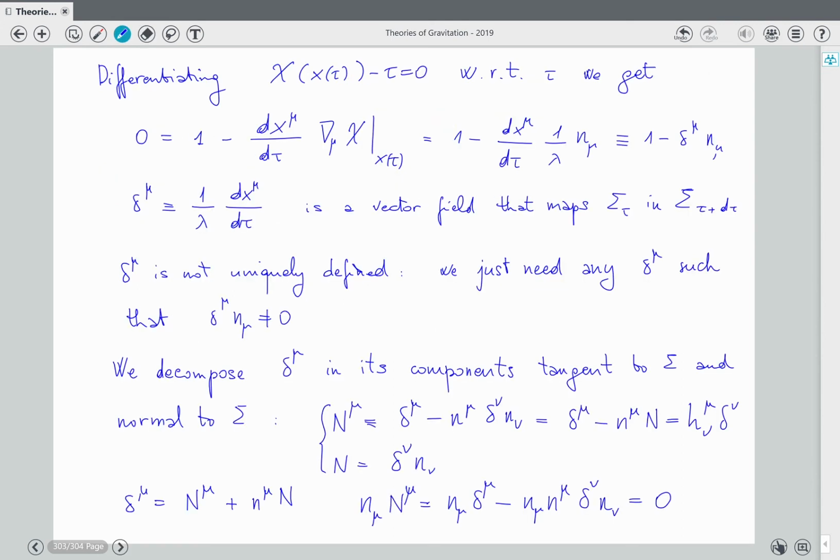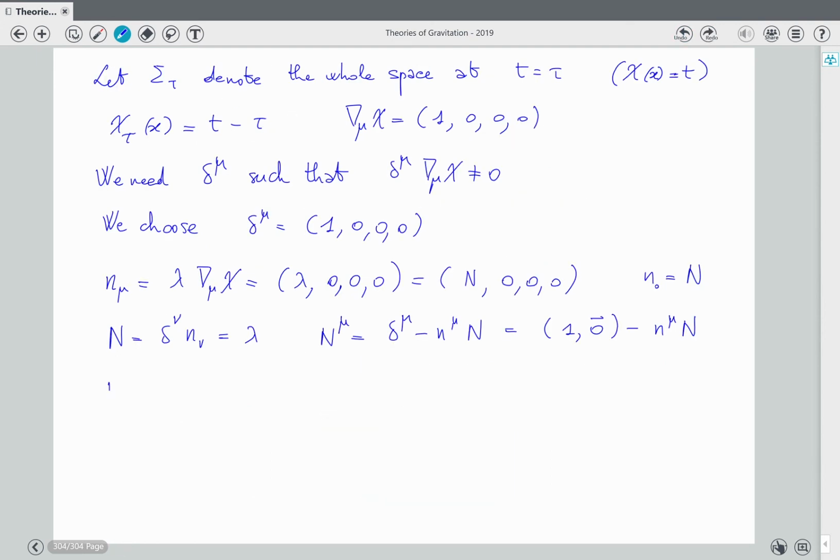Then we know that this product, small n, capital N, is 0. Let's write it here. 0 is this, but small n has only one component, so that is capital N, n 0. And that means capital N 0 is 0.